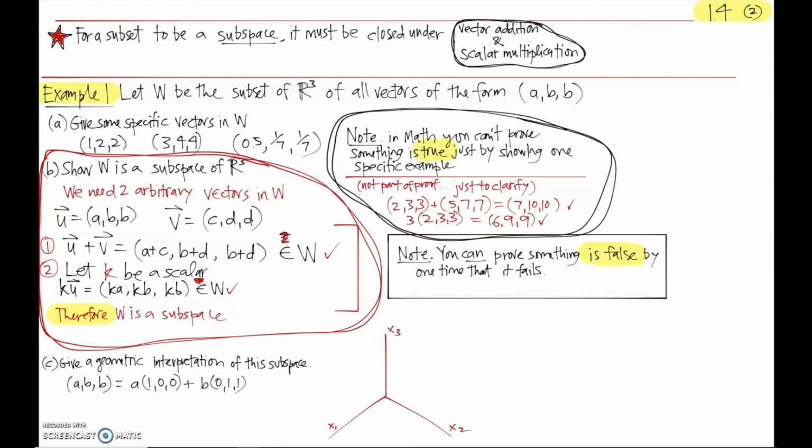So we're in three-dimensional space, and the first vector 1, 0, 0 is just one unit on x1 and no units on x2 and x3. And the second vector 0, 1, 1 is 1 unit on x2, 1 unit on x3, so it looks something like this.